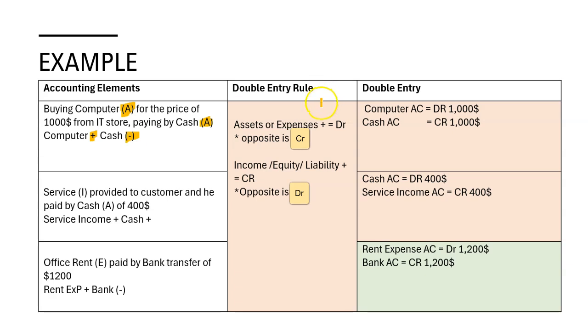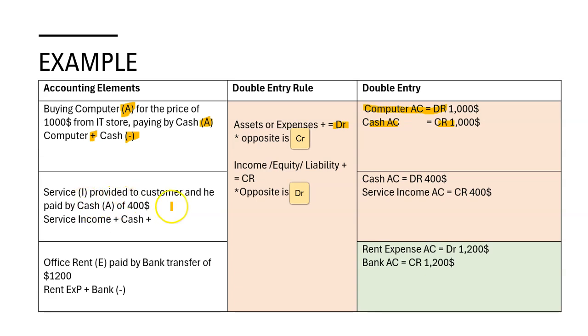Then we come to the double entry rules. If the asset or expenses increase, debit, so the computer increases, so the computer account is debit. And the opposite is credit, so the cash is reducing, so the cash account is credit.